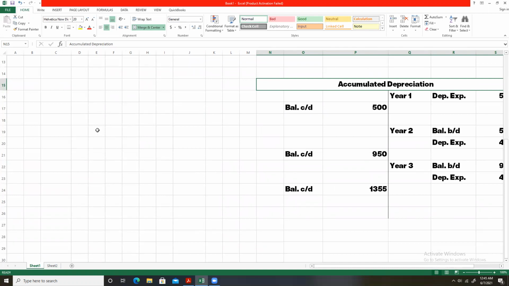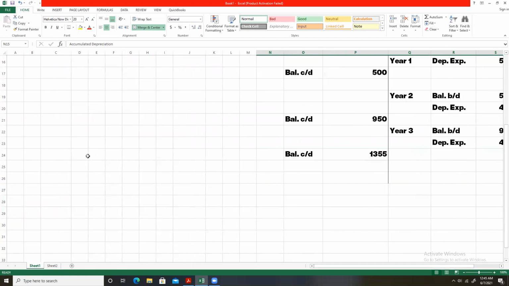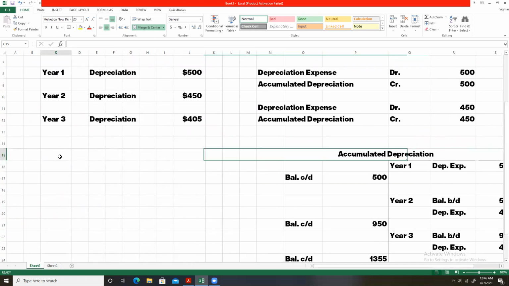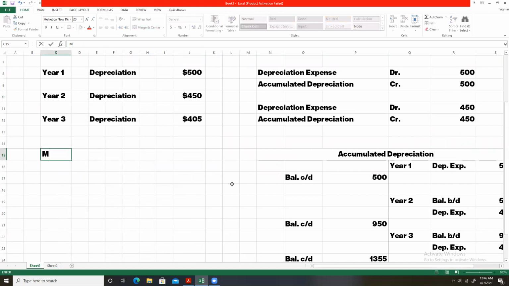When we record a purchase, let me make things a little bit more clear. When we purchase a non-current asset, we pass the double entry as, for example, motor vehicle cost account debit and bank credit. In this example, we purchased a motor vehicle for $5,000.